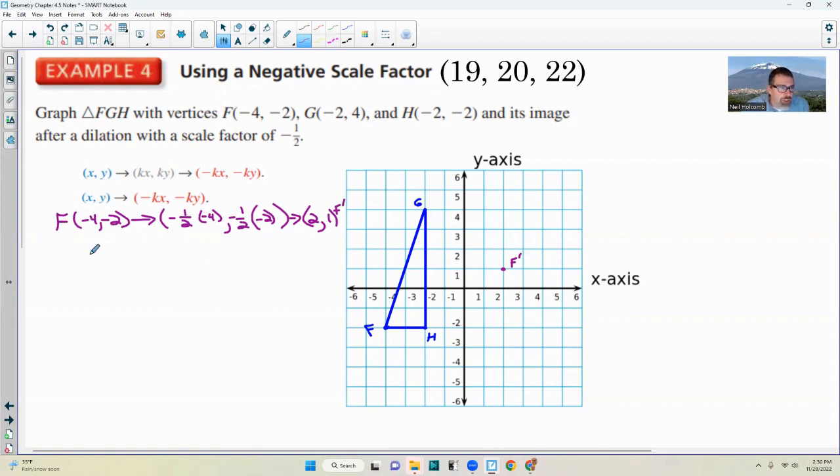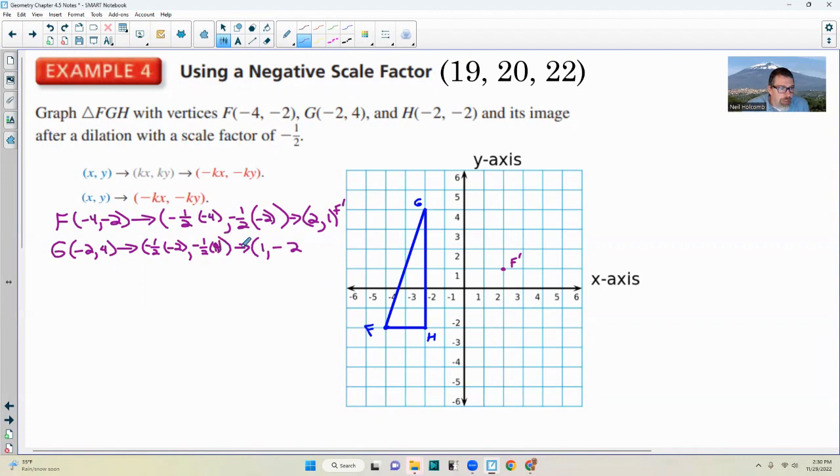Continuing with that, the next one is G. And you should always show all your work. G is (-2, 4). And we're going to go to -1/2 times -2, comma, -1/2 times 4. And that is going to become negative times a negative is positive, 1/2 of 2 is 1, and negative times a positive is negative, and 4 times 1/2 is 2.